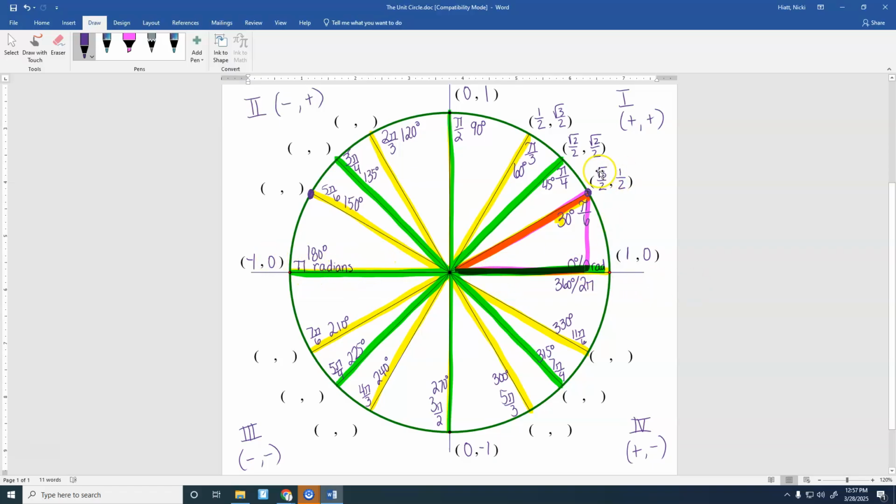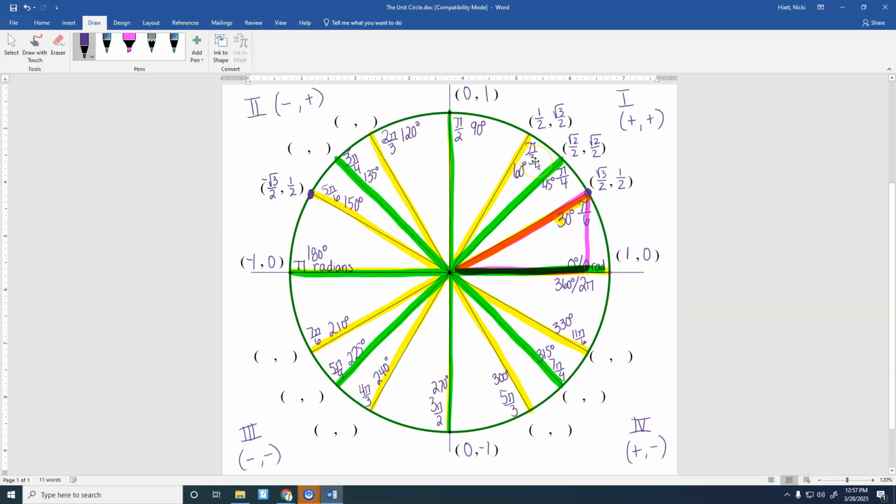So instead of having positive square root of 3 over 2 for my x coordinate, I'm going to have negative square root of 3 over 2. And then I go up 1/2. So for that point, my x coordinate changes signs, but my y coordinate stays the same.